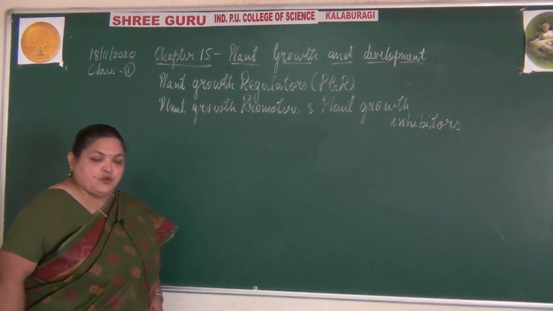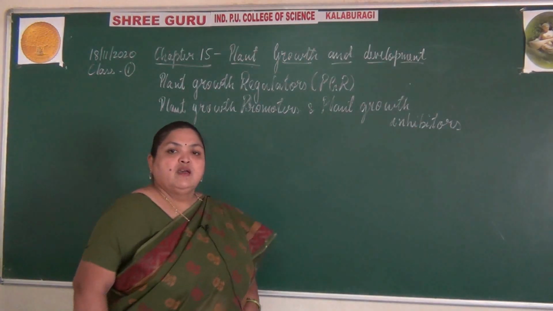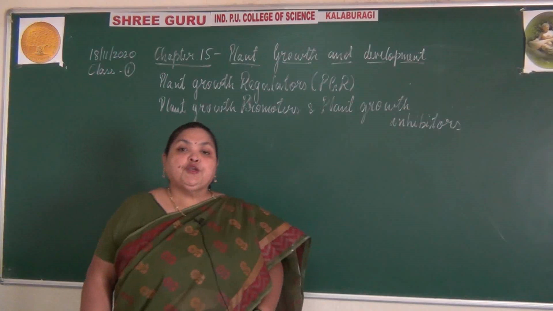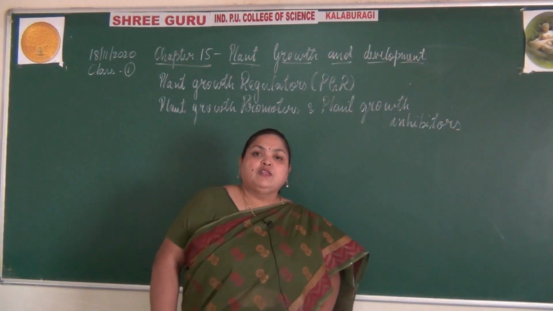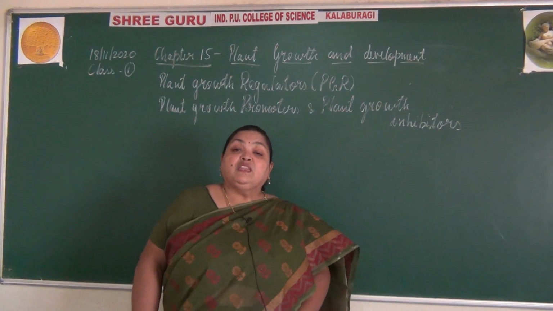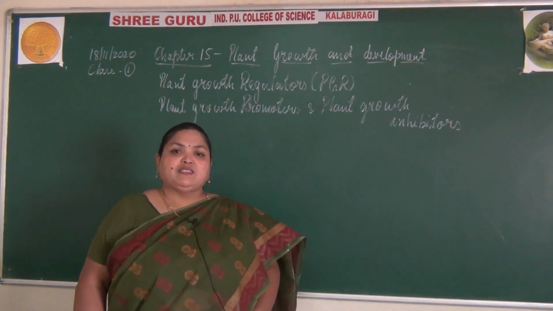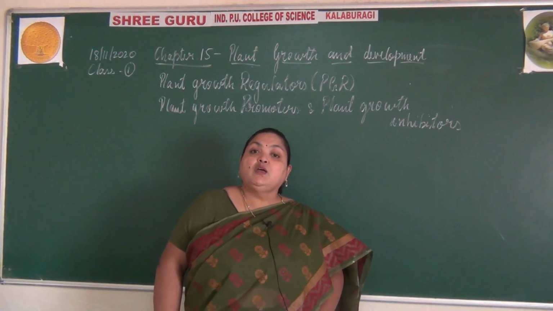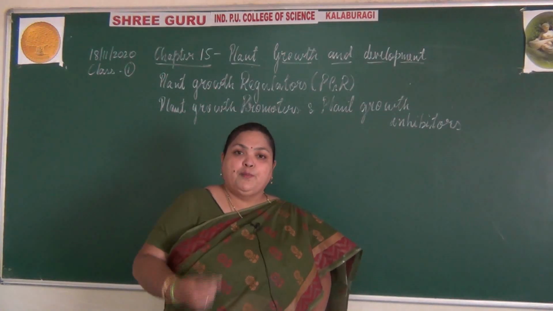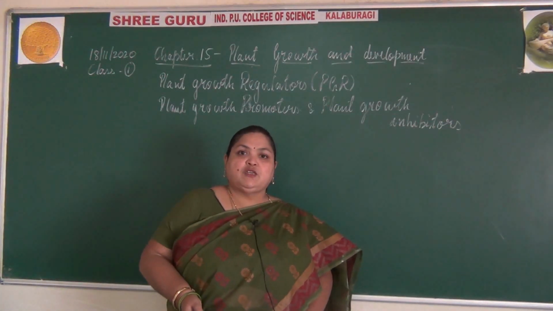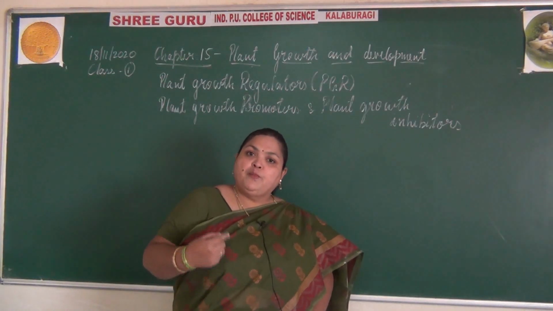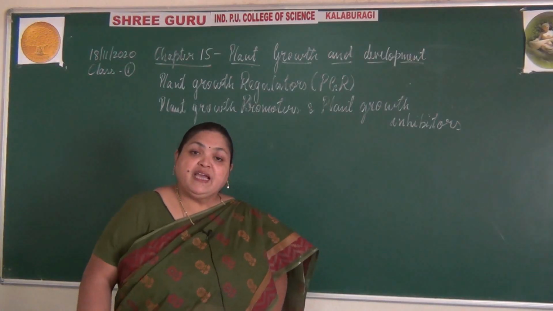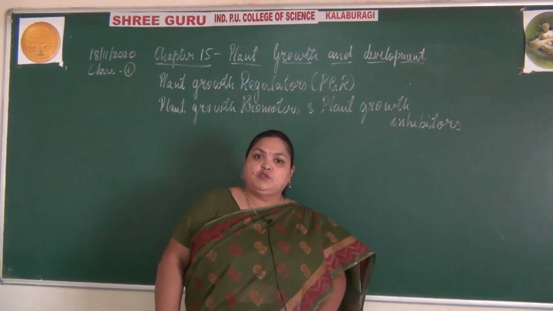As the word says, promotes. These are the hormones which initiate the process of growth, or which induce the cell to divide or the organism to grow. So these hormones are such chemical substances which are produced by the plants which initiate the growth, which includes proper cell division, differentiation, cell formation, or formation of a particular organ like the roots, stem, or the leaves, including the flowers and the fruits.